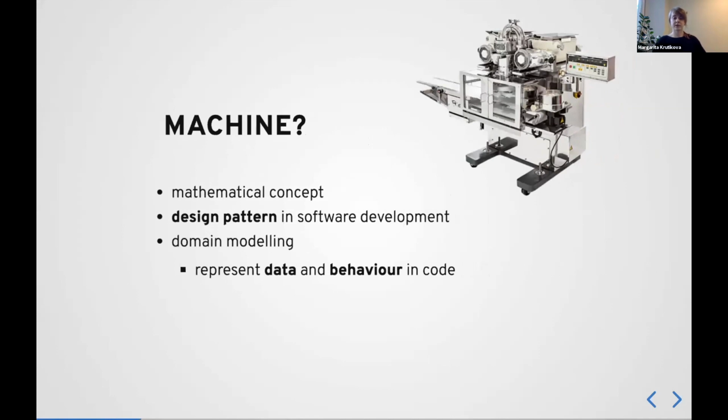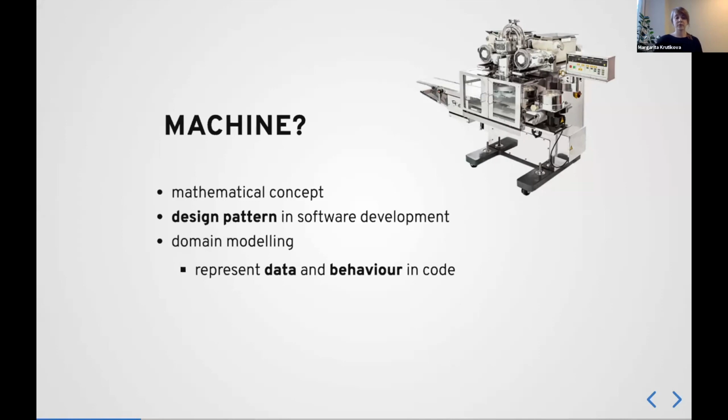So let's start with a state machine. In its essence, it's a mathematical concept that became a design pattern in software development. And as we know, many useful mathematical concepts from category theory are used in functional programming. So a state machine is not an exception and is also used in domain modeling.